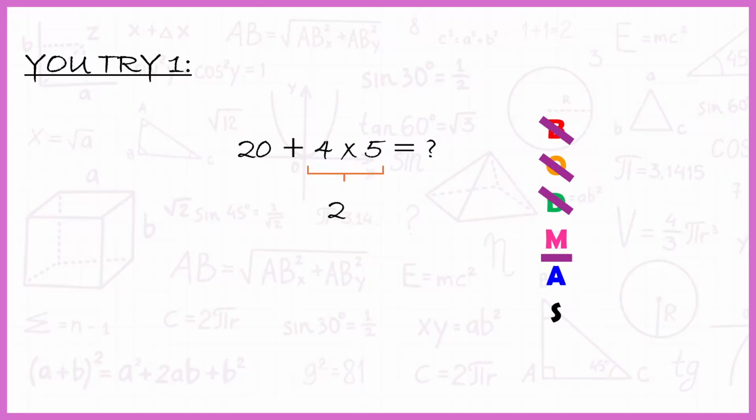So we're going to do that, which gives us 20. And we do have an addition as well, which is the plus 20. So we're going to do the 20 plus 20. And we have no subtraction, so we're going to cross that off as well. So 20 plus 20 equals 40, and that is the correct answer for this BODMAS equation.